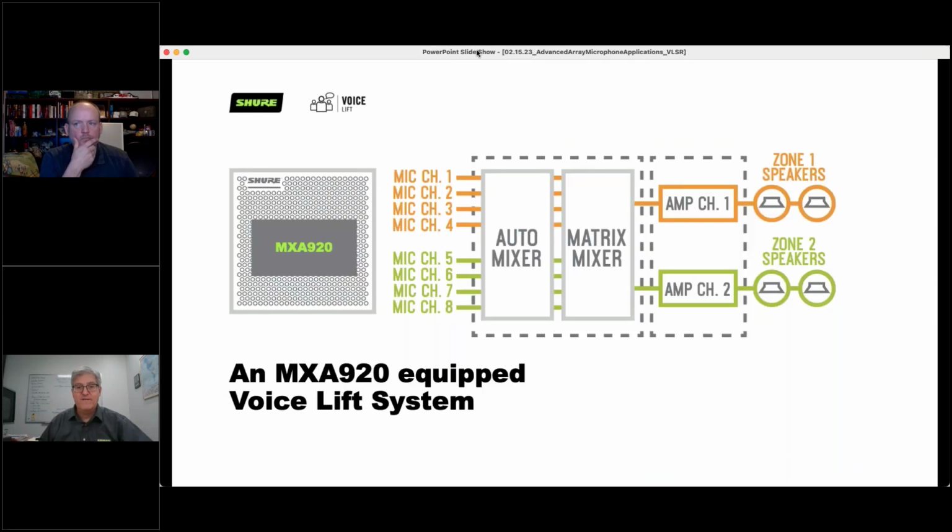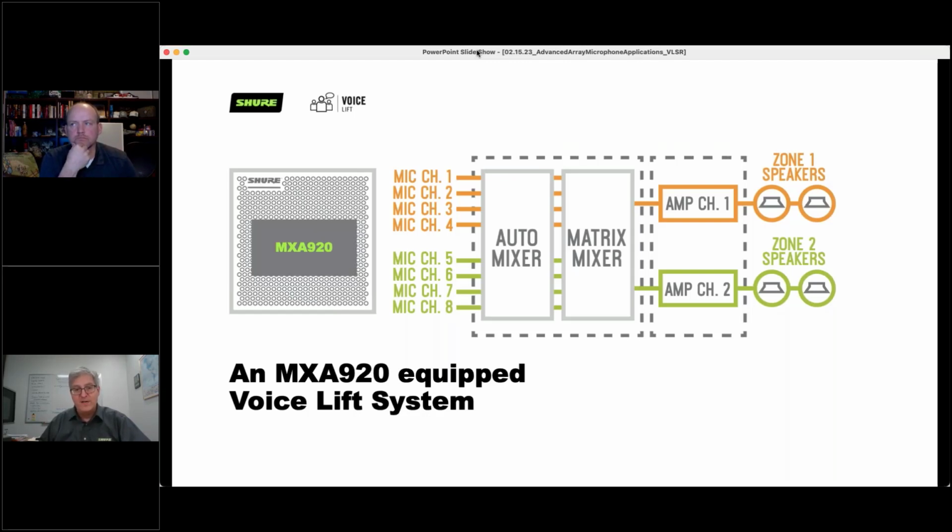And for people who think of these things in 2D, it's always helpful to have a system diagram. So this is how the input and signal flow would work. You've got your mic channels. Those are your 8 lobes there in the orange and the green. They go through the automatic mixer that's handling the gating and the activation of the microphone lobes.